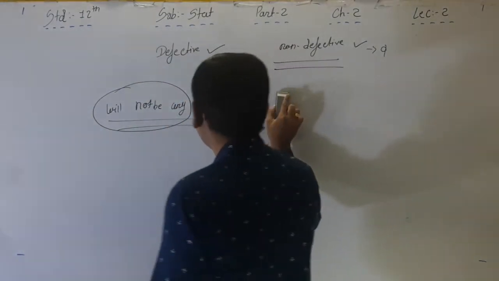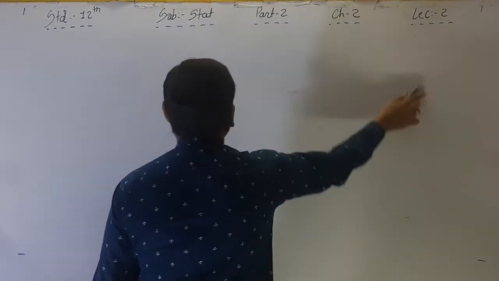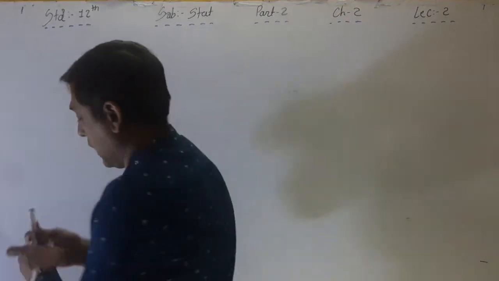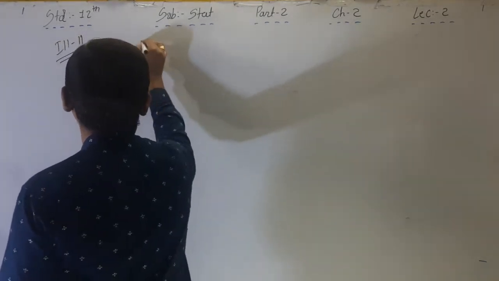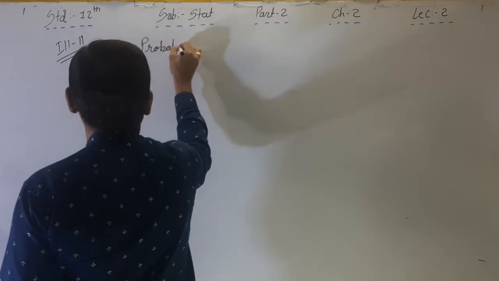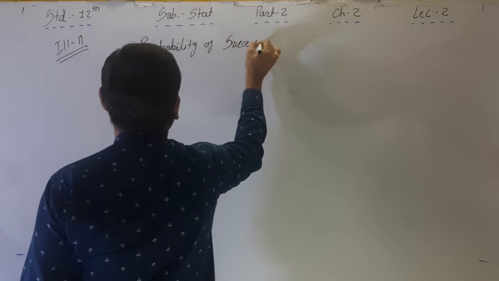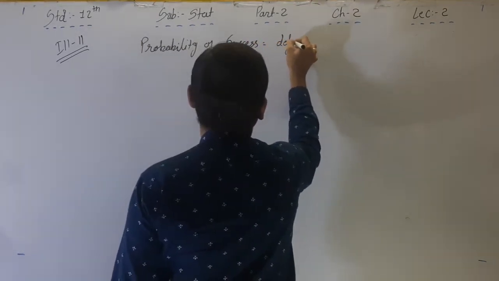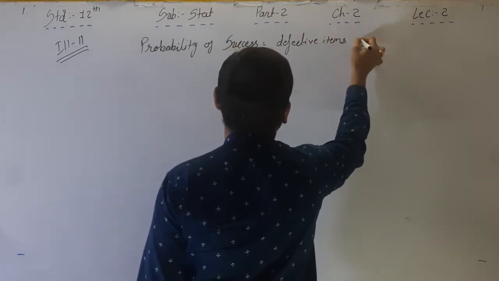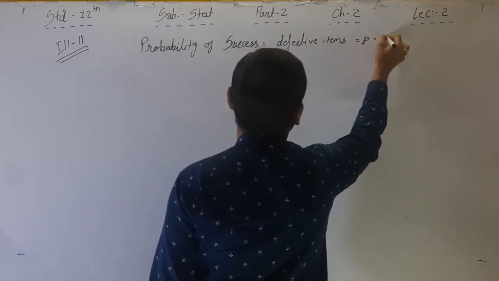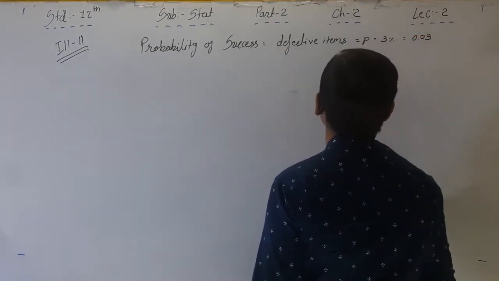So now see, I am writing the answer. Illustration number 11. First of all, probability of success, defective item, is equal to P is equal to 3%, that is 0.03.